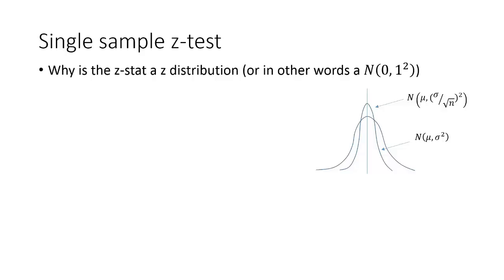Now mind you, this is the distribution of sample means, so in some sense this is the distribution of x bar. What we're going to do now is subtract mu from this distribution.